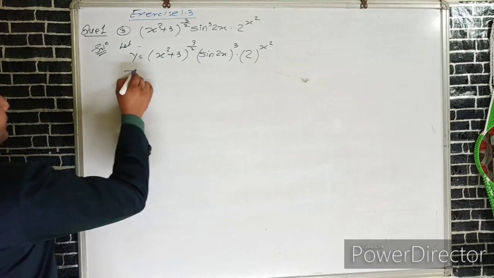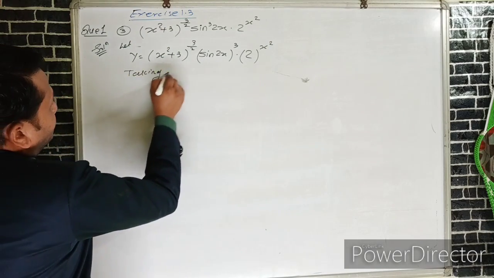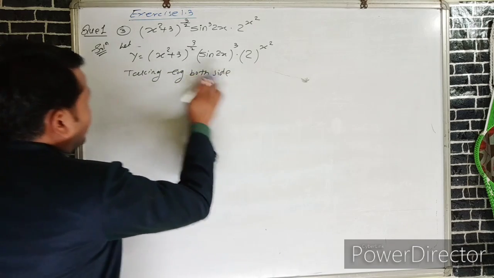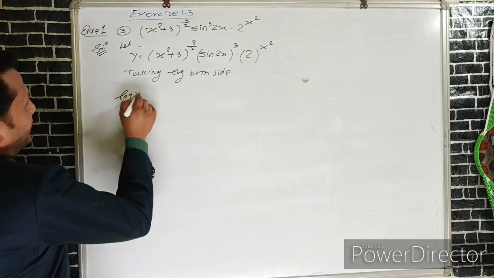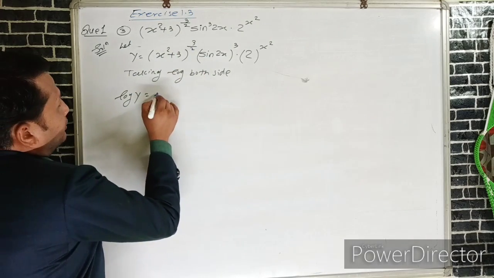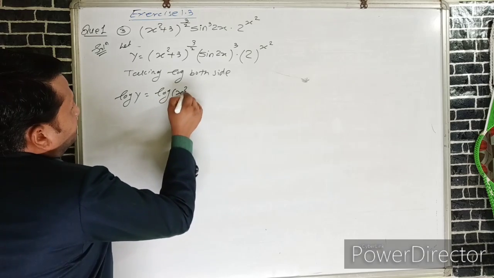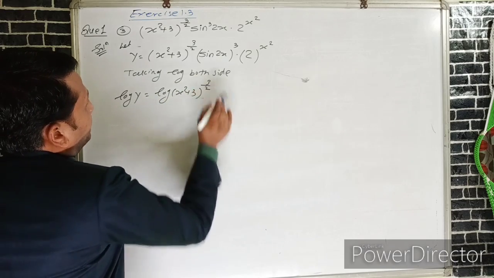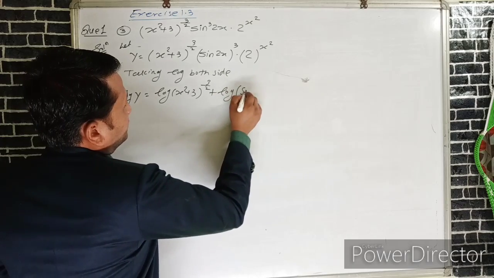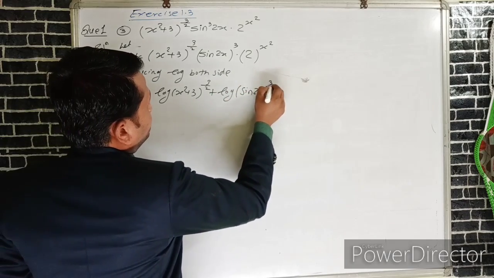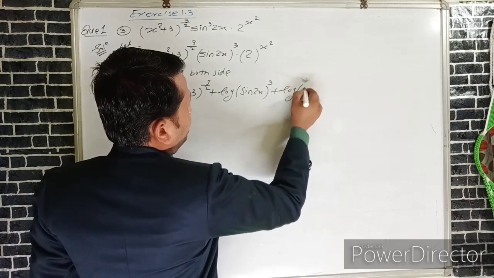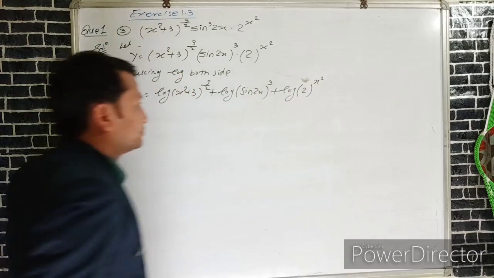If we take log both sides, we can write log of y is equal to log of (x square plus 3) raised to the power 3 by 2 plus log of (sine 2x) whole raised to the power 3 plus log of 2 raised to x square.